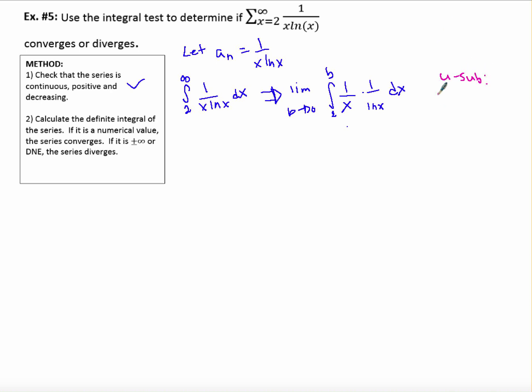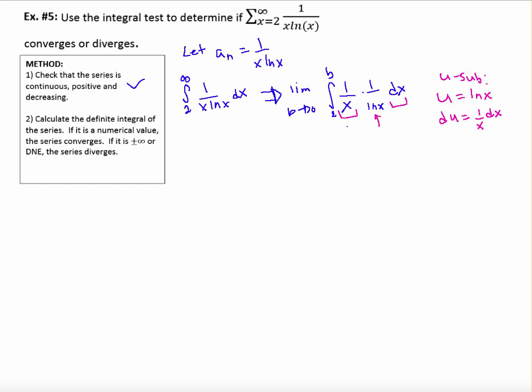Let's let u be ln x, because the derivative of ln x is 1 divided by x. Do you see how those pairs are here in this problem? So here I've got 1 over x, which is part of our du, and also dx, the other little bit. And then I've got my u value right here.